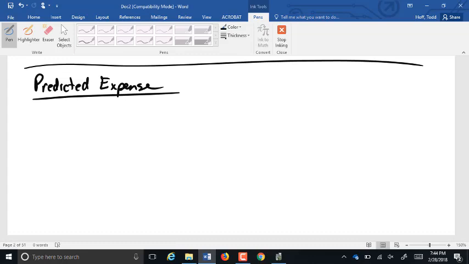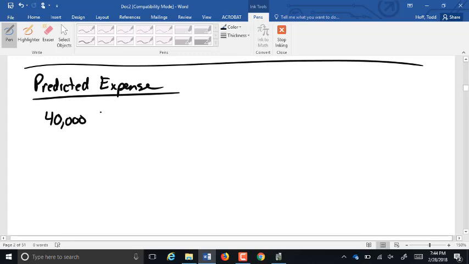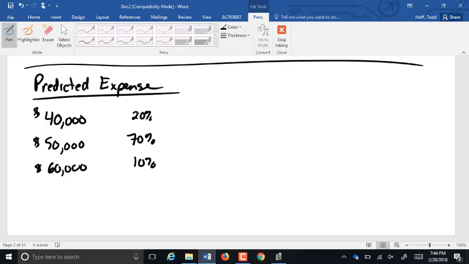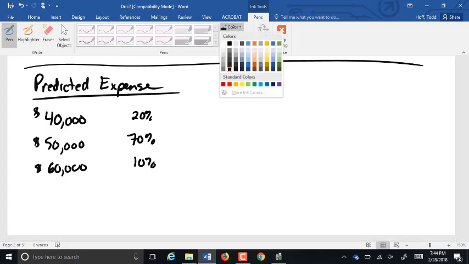And let's say that of your current commission employees, about 20% of them make $40,000. About 70% of them make $50,000 a year. And about 10% of them make $60,000. In other words, that's a 20% probability that this new person is going to make $40,000, 70% probability they're going to make $50,000, 10% they're going to make $60,000.